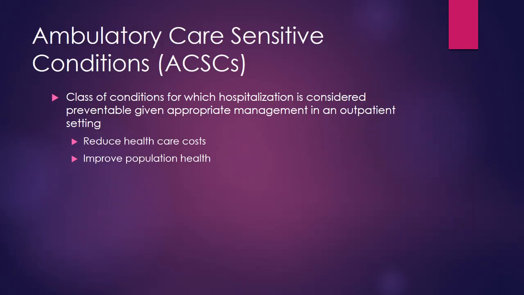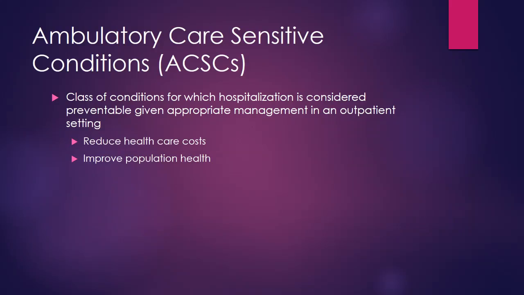So as I said, most of those AHRQ quality indicators revolve around preventable hospitalizations. And that class of conditions is sometimes referred to as ambulatory care sensitive conditions. And so these are things that we feel like are preventable if people are receiving adequate management in an outpatient setting.